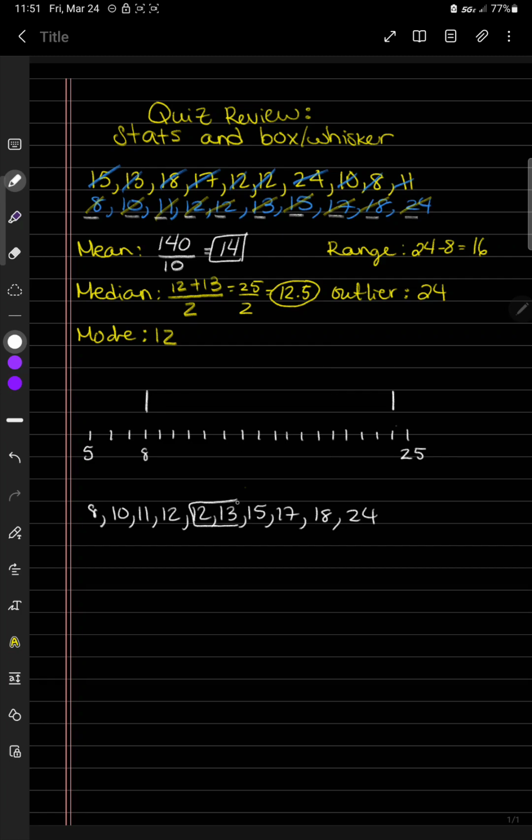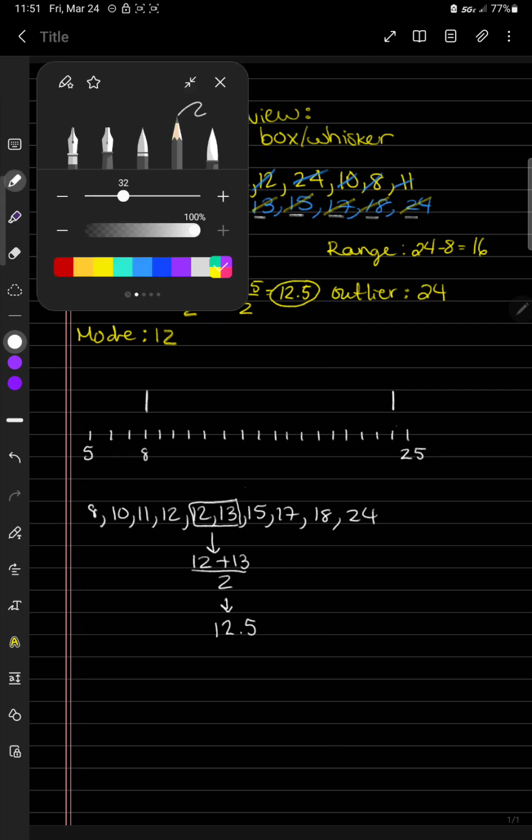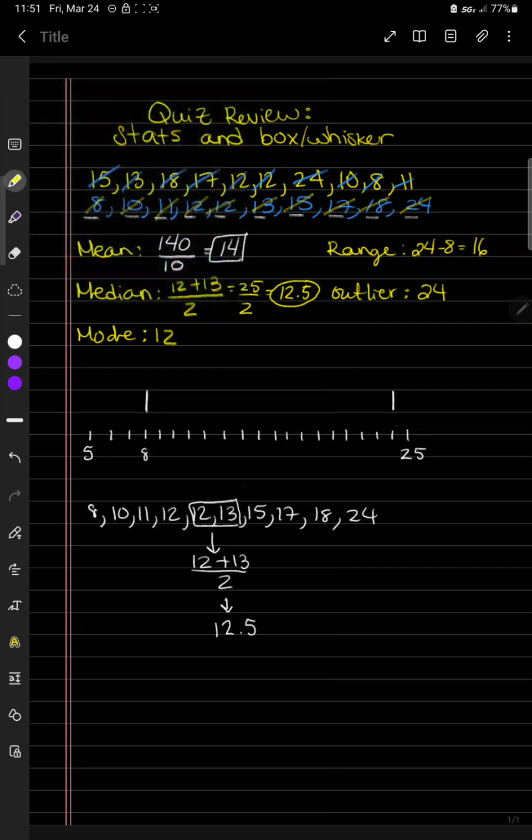When we did our median, we did 12 plus 13 divided by 2. That gave us 12.5. So we want to plot that one first. Since we have a 0.5, remember that that's in between 12 and 13. So 12.5 is right in the middle. You want to plot it here in the middle. That's 12.5. That's our median.